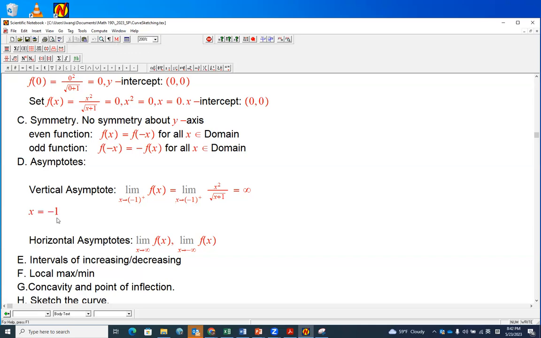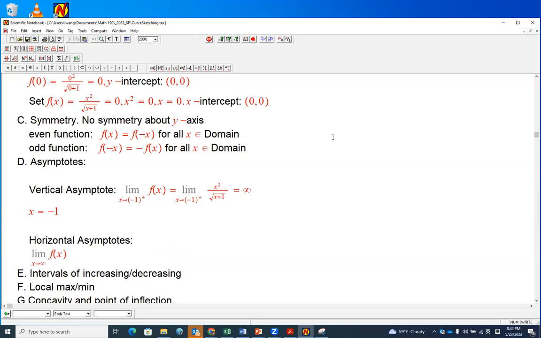The vertical asymptote is going to be x equals to -1. Horizontal asymptote: because the domain is from -1 to infinity, we're not going to approach negative infinity. So we can only look at the limit of the function when x is approaching positive infinity. So when we look at the function as x is approaching positive infinity, the function we're looking at is this piece, right?